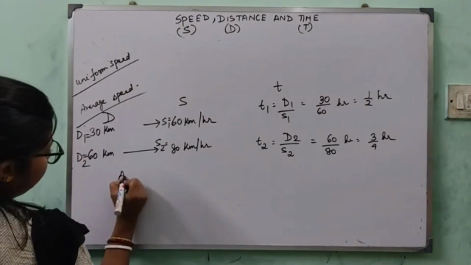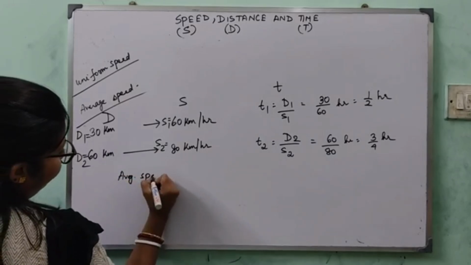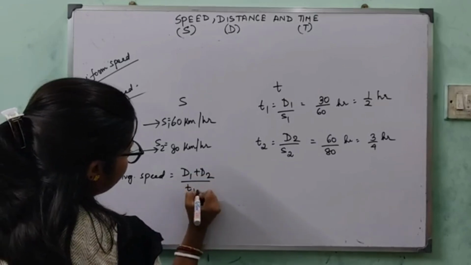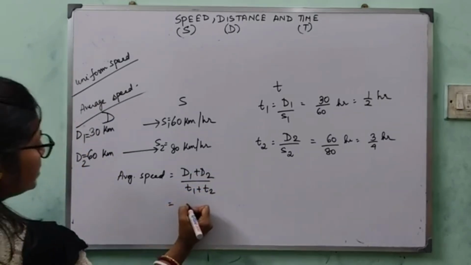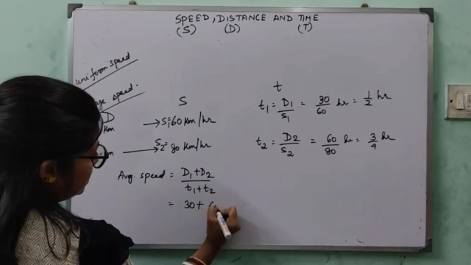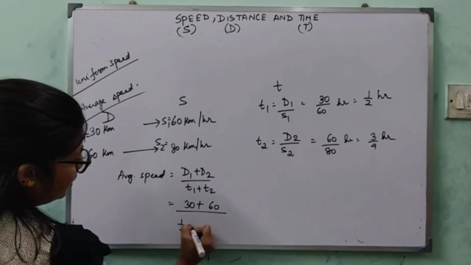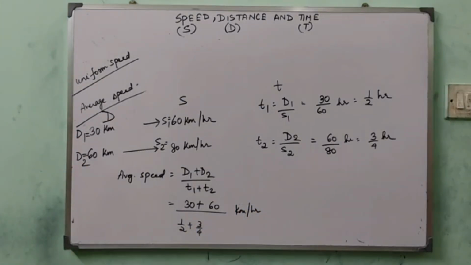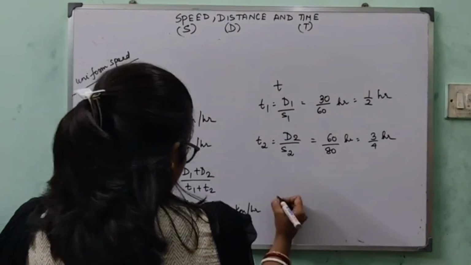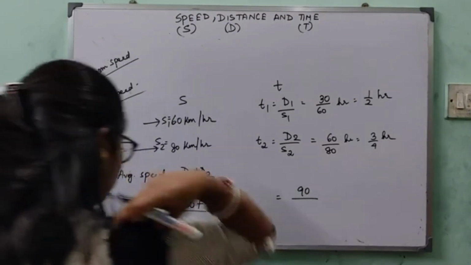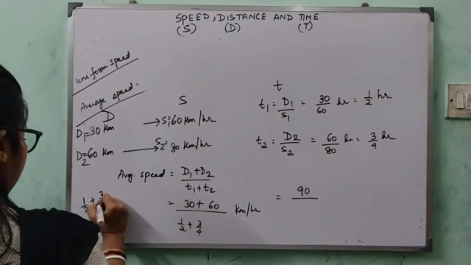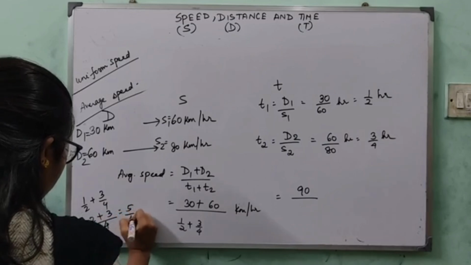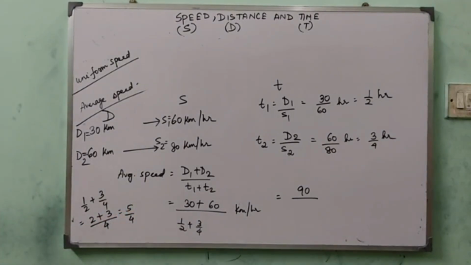So what is your average speed? The average speed will be D1 plus D2 by T1 plus T2. So D1 is 30 plus 60, and this is half plus 3 by 4 kilometer per hour. So 90 by, half plus 3 by 4 is 5 by 4.